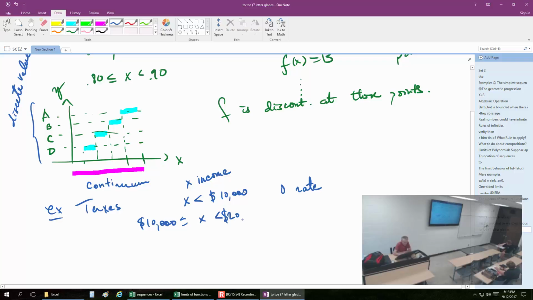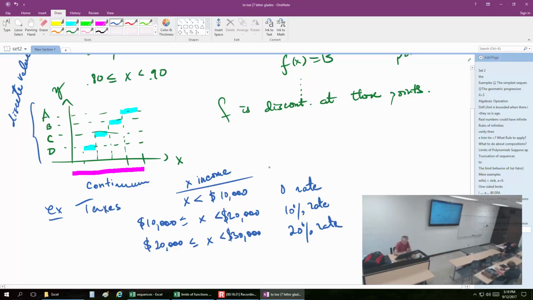We are simplifying things significantly. If it is between 10,000 and 20,000, let's say it is a 10% rate, and then let's have one more rate, above 20,000, a 20% rate. Okay, so you can see... any comments about this relation?